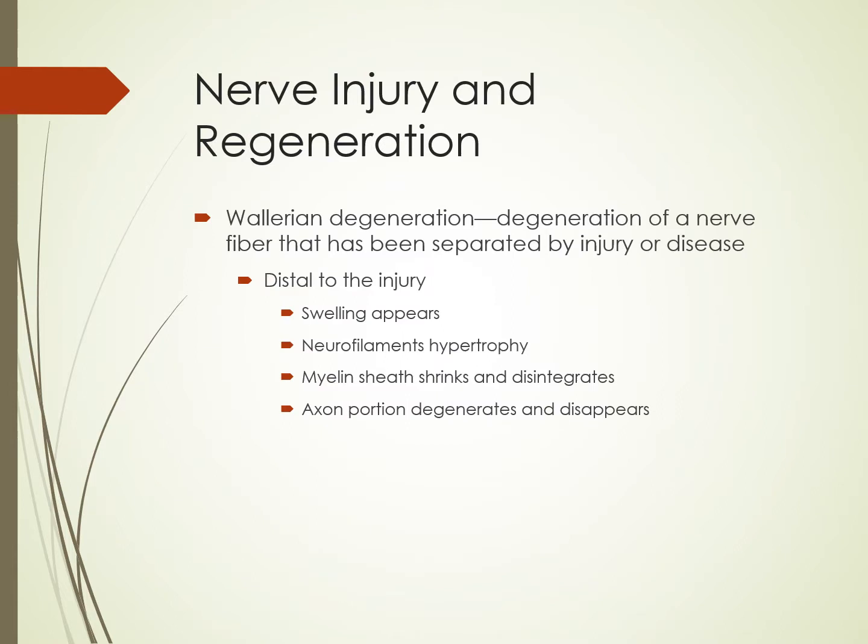Nerve injury and regeneration. Wallerian degeneration is a degeneration of a nerve fiber that's been separated by injury or disease. Distal to the injury, swelling will appear, neurofilaments hypertrophy, myelin sheath shrinks and disintegrates, and the axon portion degenerates and disappears.